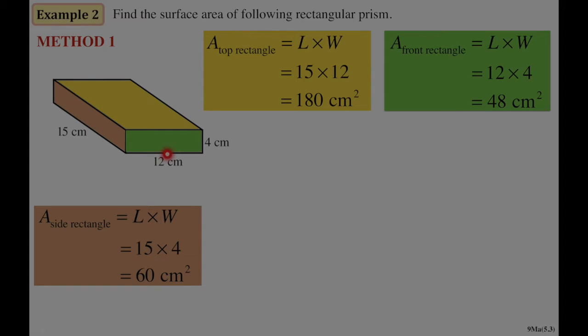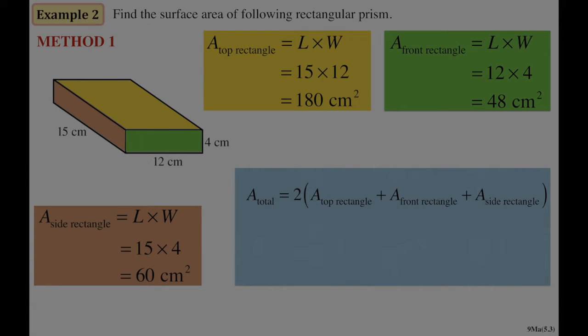And I know there's a rectangle on this side here, which matches up the rectangle on the left. So I could say the total area for my shape is 2 lots of the 3 answers I got added together. And if I add them together and put that into my calculator, I get 576 square centimetres for the surface area of my entire shape.